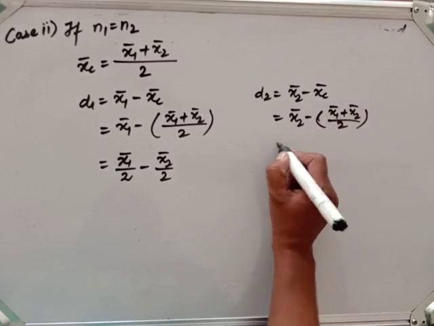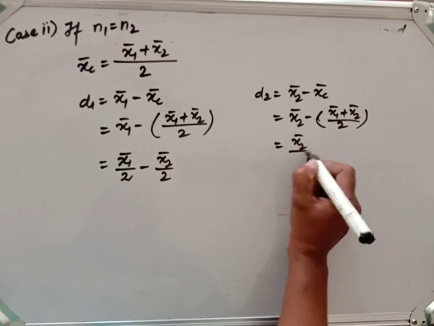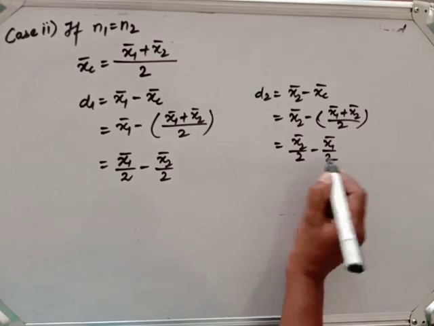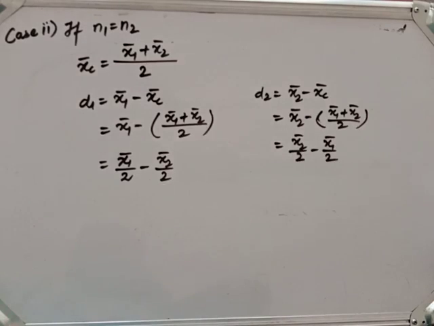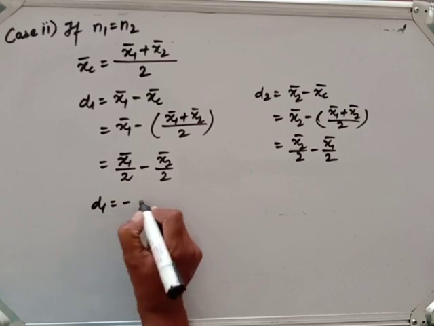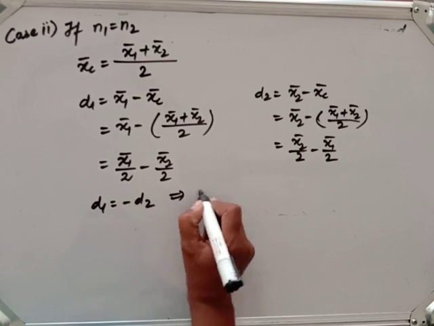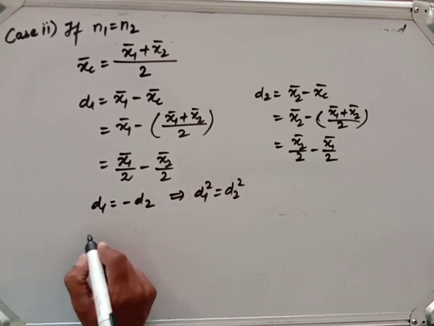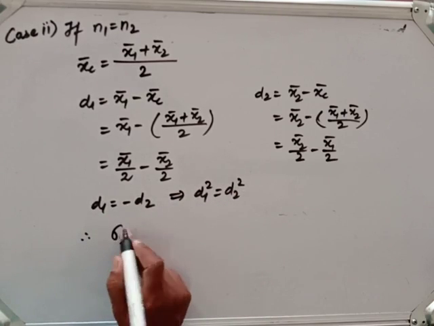So again this will become x2 bar upon 2 minus x1 bar upon 2. So these become negative of each other. So d1 equal to minus d2. That is same as d1 square equal to d2 square.